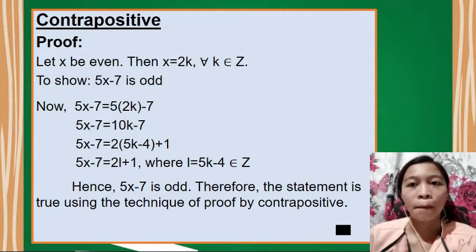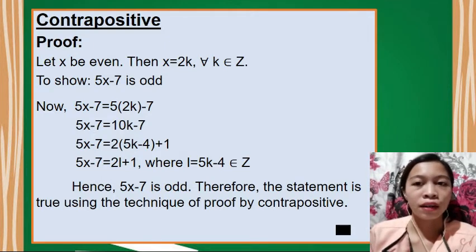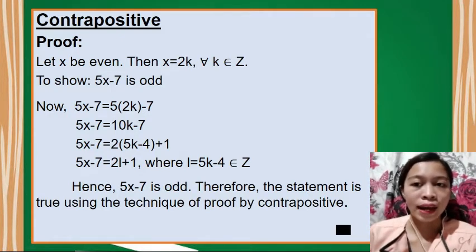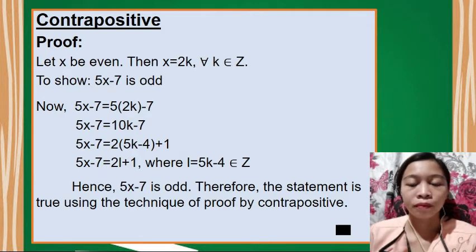So now we have 5x minus 7 equals 5 times 2k minus 7. We substitute x with 2k. Next, we multiply 5 times 2k, so that will become 10k minus 7.